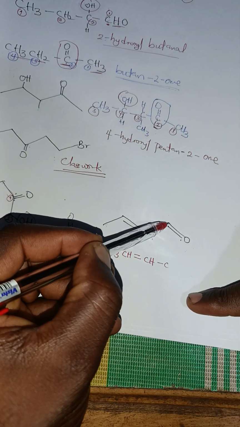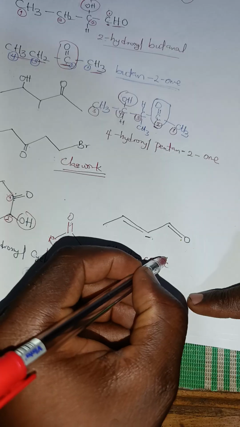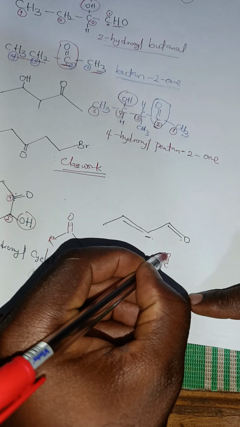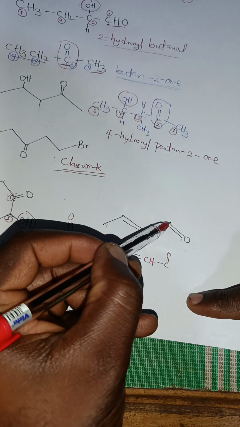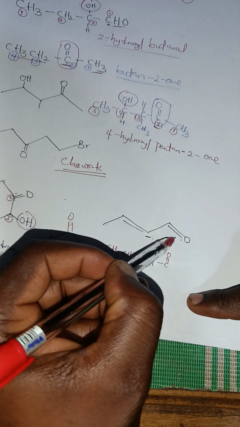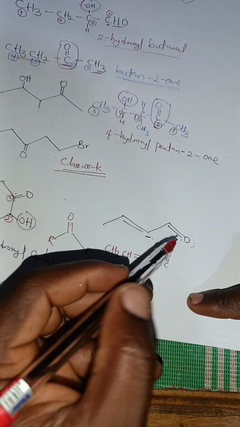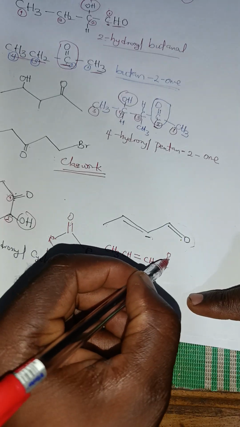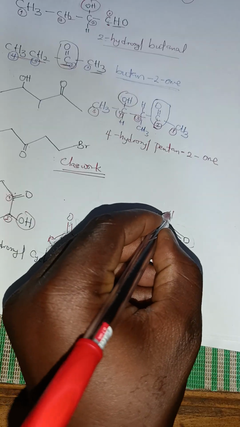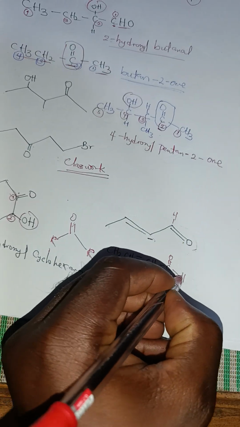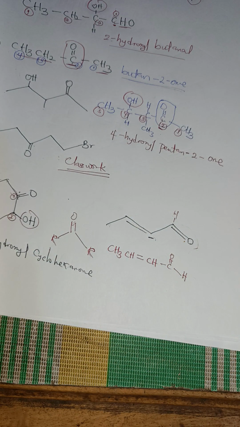C, that's a double bond, O. This is CH. This is C. That's a double bond, O. Now, but 1, 2, 3, there's something missing. That means the only thing that is missing here is that there's a hydrogen here. So who is that? That is an alkanal.